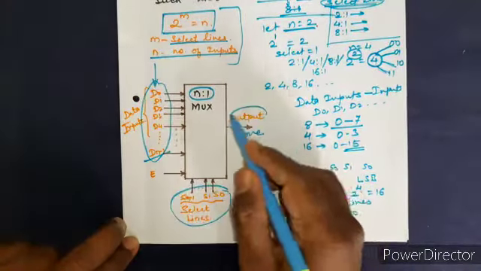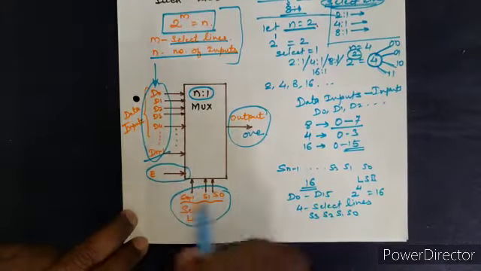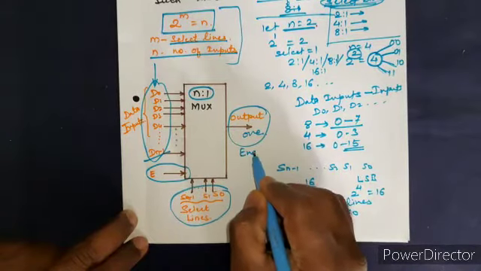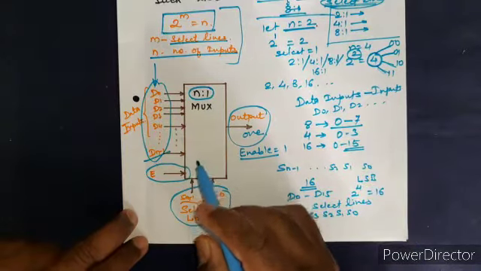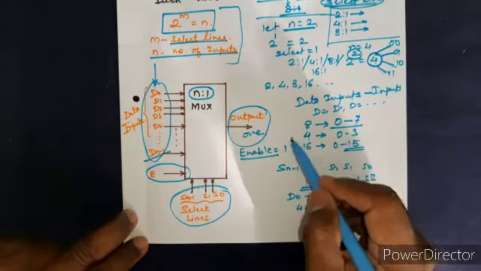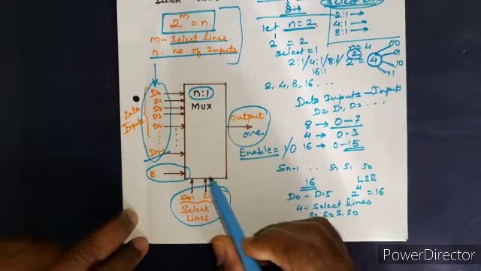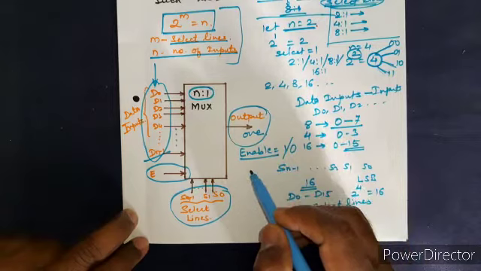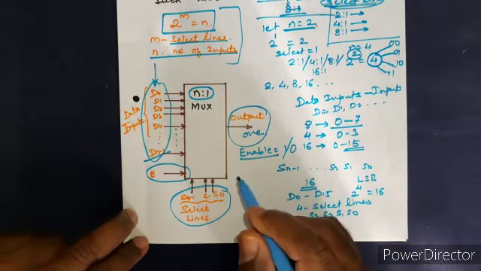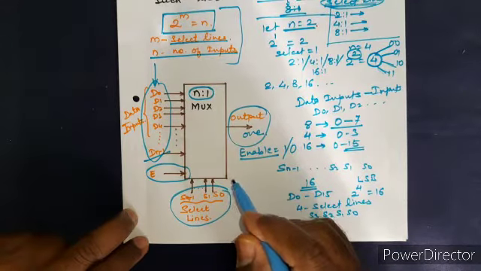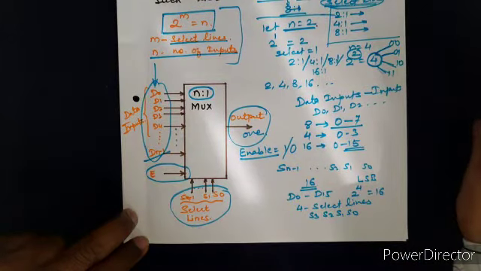As you can see here, this is the output, this is the select line, and this E means enable. So if this pin is high, only then will your multiplexer work. If this pin is 0, your multiplexer is off. If I give an analogy, we have a main switch outside our home. If that main switch is on, all other appliances in our house are on.